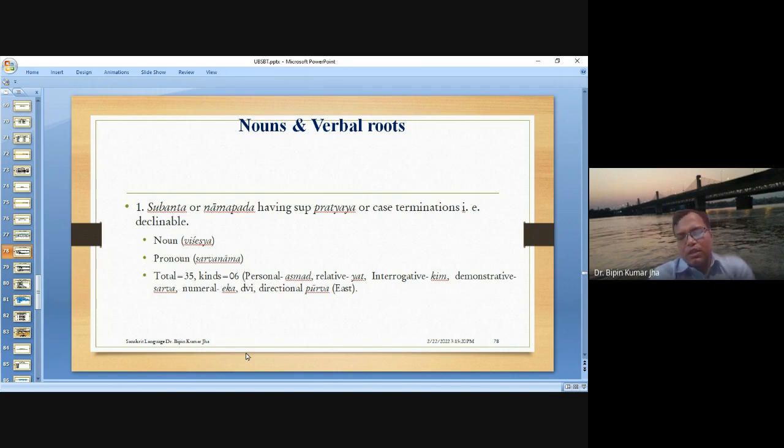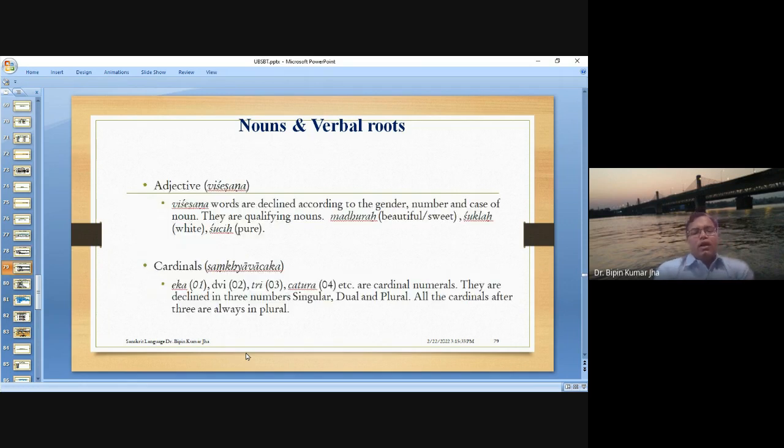We will discuss verbs later. So first, noun, and after that, pronoun, of which there are 35 kinds, and you can categorize them in six different forms.